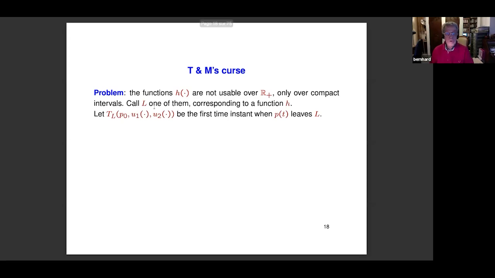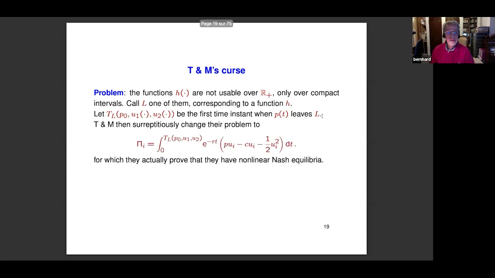Call L one of these intervals corresponding to one of the functions H, and call T sub L, which is a function of initial state and of the controls, the first time instant when the state leaves L. Tsutsui and Mino surreptitiously changed their problem to the new one, which I wrote here: Pi I equal integral from 0 to T_L of the same criterion.